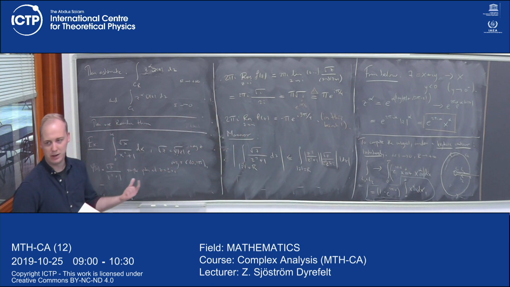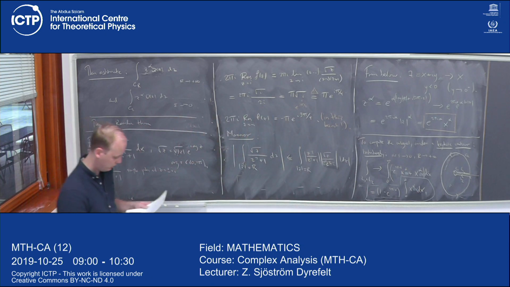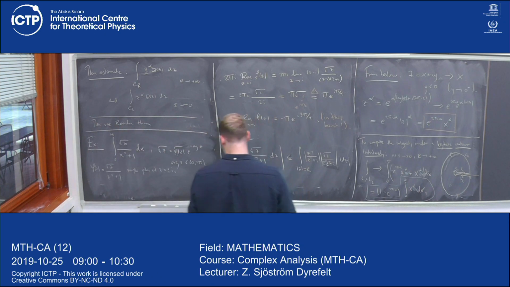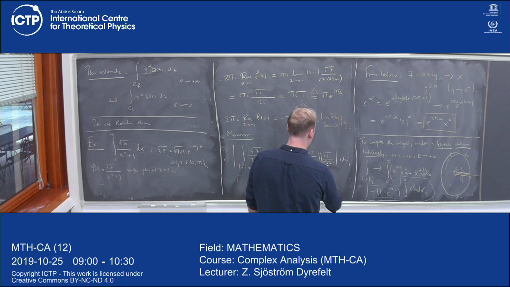So I just multiply and divide again by z squared. And then this thing here is bounded for R large enough.